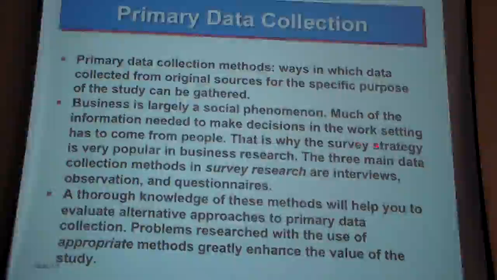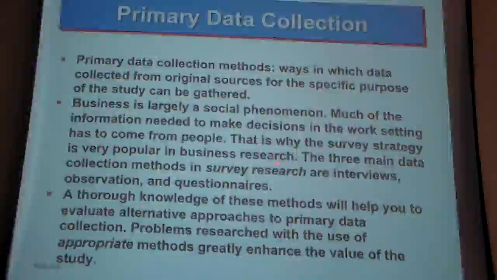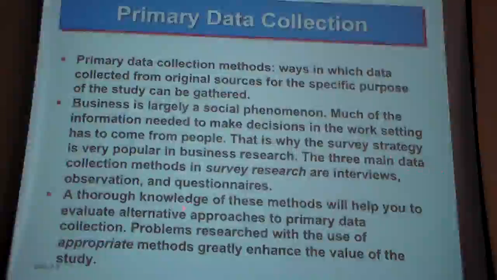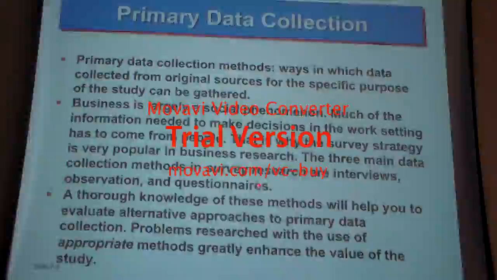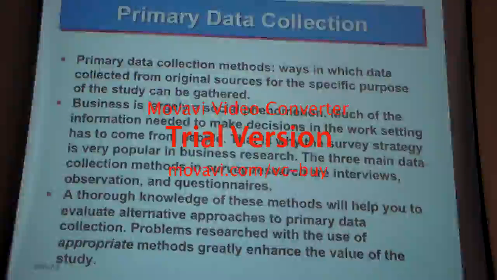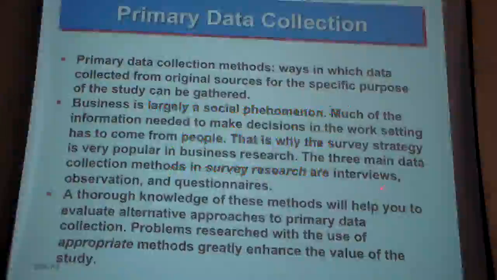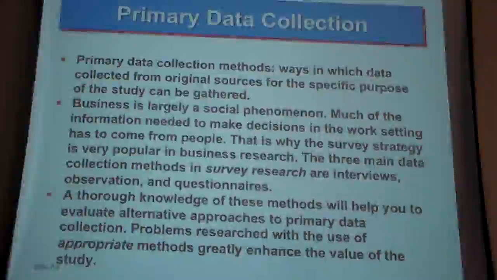This is why the survey strategy is very popular in business research and in management at large. The three main data collection methods in survey research are interviews, observation, and questionnaires. So survey is an umbrella, and inside this umbrella we have three methods: interviews, observation, and questionnaires.